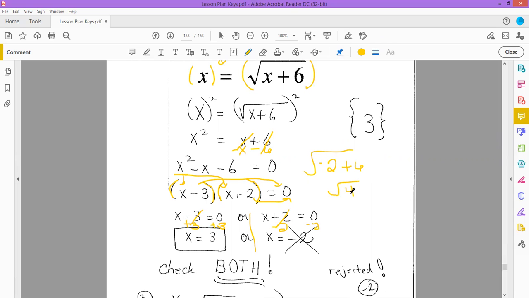The square root of 4 is not equivalent to negative 2, because remember, you can't have a negative root. Therefore, negative 2 could not be a solution. However, x equals 3 could be. So only one of these checks out. That's x equals 3.